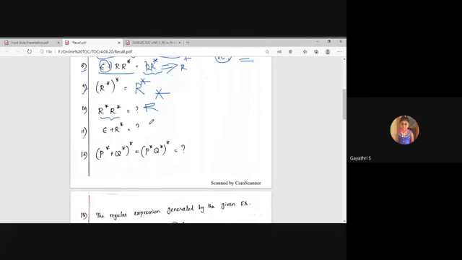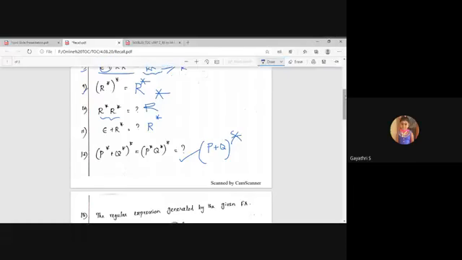Epsilon plus R closure, the same thing, R closure only. What about the twelfth one? P plus Q, the whole closure. So this is the twelfth one.